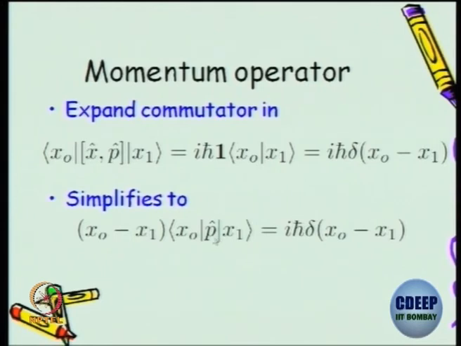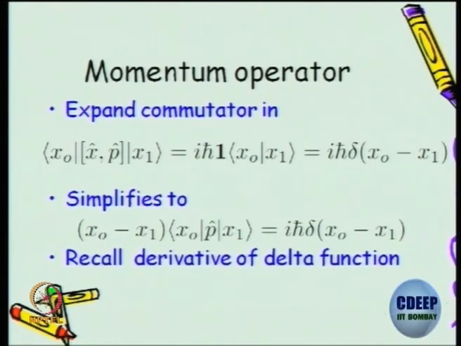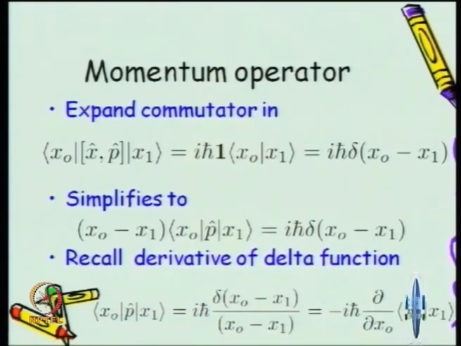Now from here, if you take x0 and x1 to be really close, it is like 1 over x0 minus x1 times the delta function. What is that, 1 over x0 minus x1 times the delta function? You have to check, it will be a derivative of a Dirac delta function. What is the derivative of a Dirac delta function? Delta of x0 minus x1 divided by x0 minus x1 is nothing but a derivative of a Dirac delta.